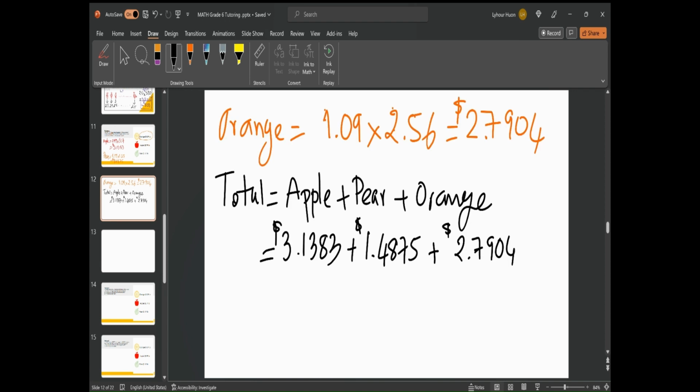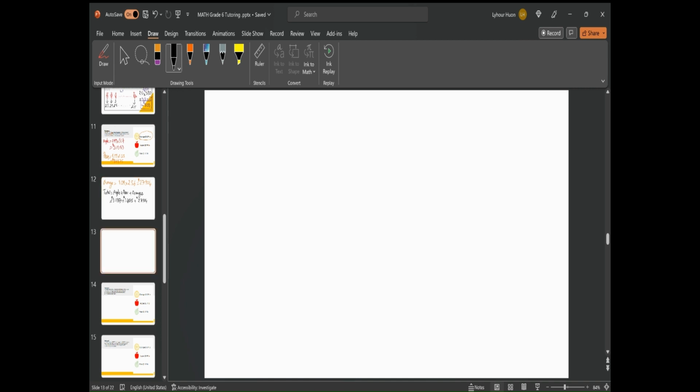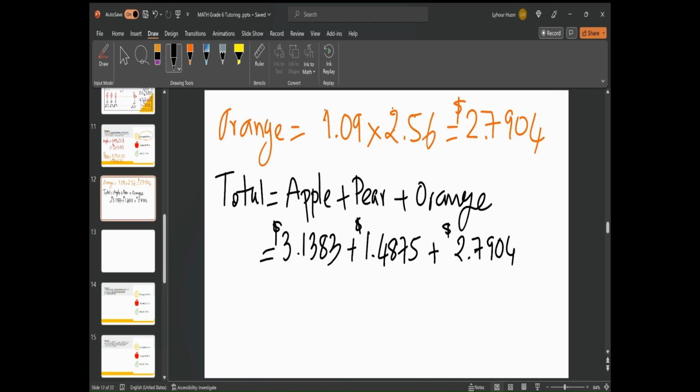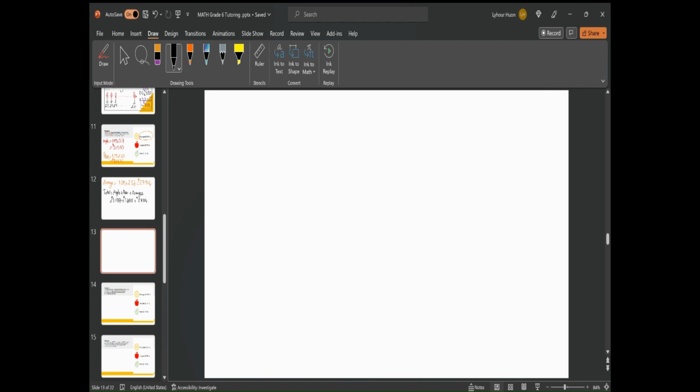But this is just one example that coincidentally has four digits after the decimal while the first number has only one digit. So when we add decimal numbers, we always place the decimal first.